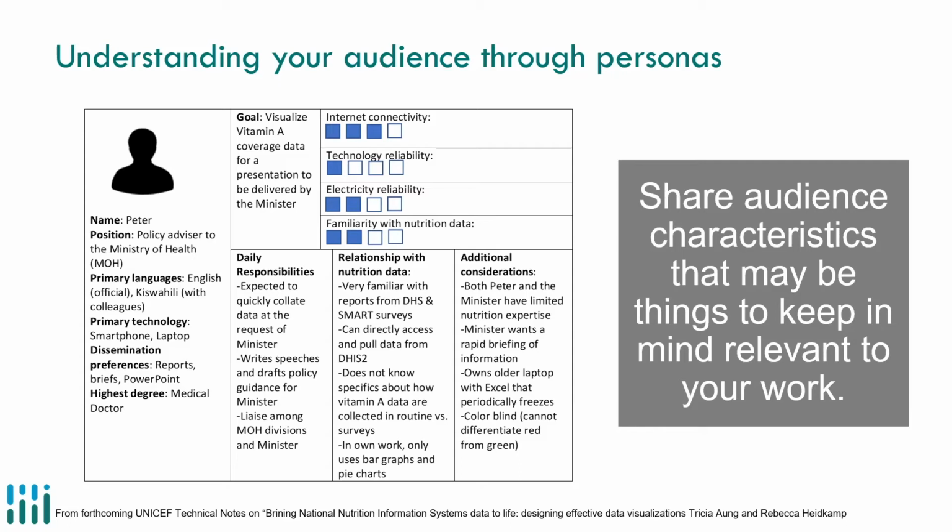And in this case, we have something about vitamin A. We also have a category of additional considerations. And so we've listed here that perhaps this individual has limited experience in nutrition in general. He has a laptop that freezes periodically, and he relies on Excel to do all of his data work. And he also might be colorblind.